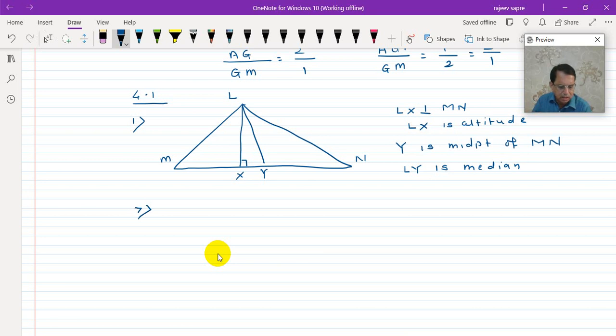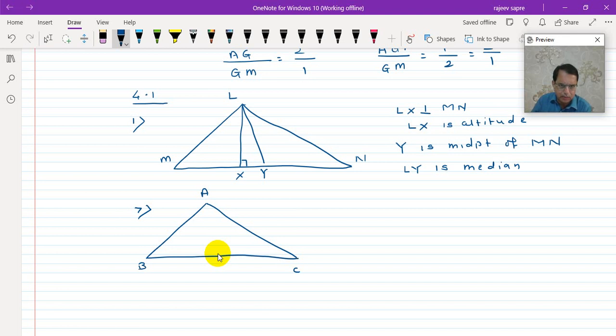See, point G is the centroid of triangle ABC. Now see how it is, if you draw the diagram, it is roughly like this. This is the triangle, the name of the triangle is ABC. Now G is the centroid of triangle ABC, so they are talking about medians.